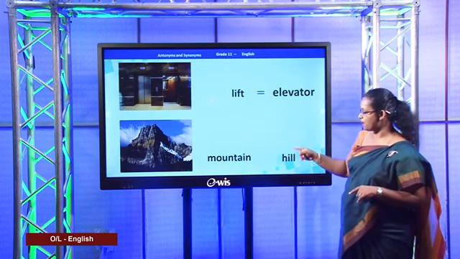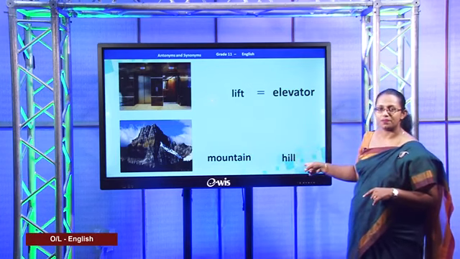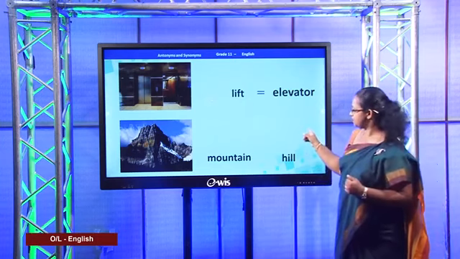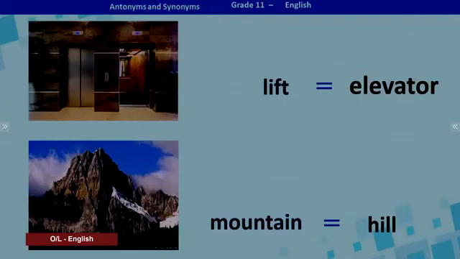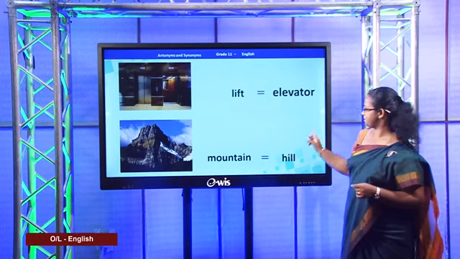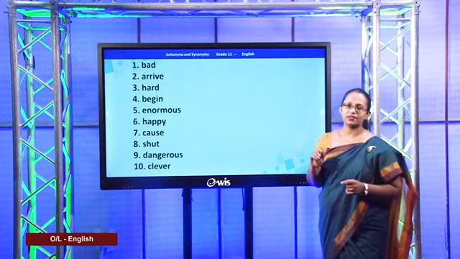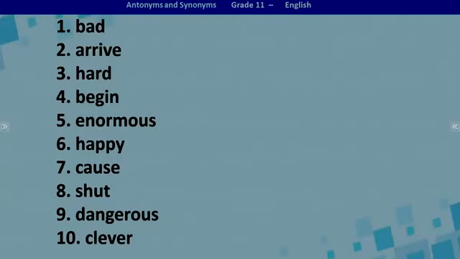Another example, you can see a mountain here. The synonym for mountain is hill. It gives the same idea. So, I suppose that you know what synonyms are. Now we are going to move on to a small activity. Look at the screen, children. There are 10 words. First, let's read the words.